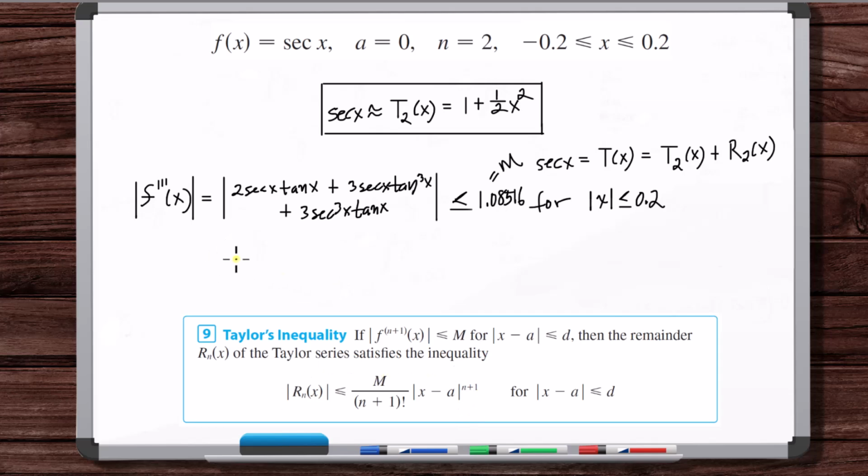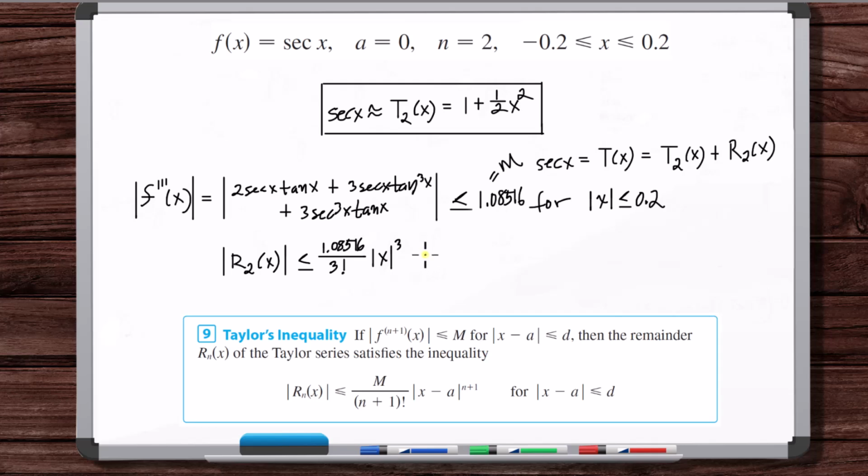We can say that R sub 2 of x, the absolute value, is less than or equal to, and now we plug in n equal to 2, so we've got n plus 1, that's 3 factorial, and then the absolute value of x to the third.